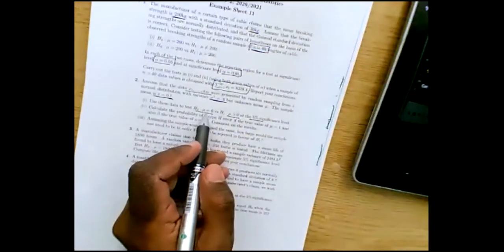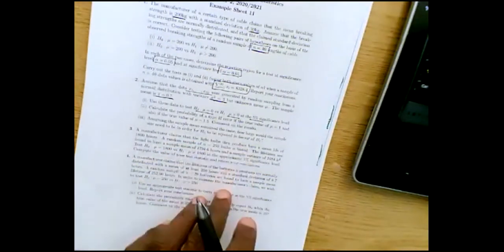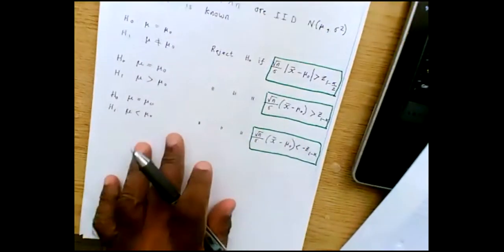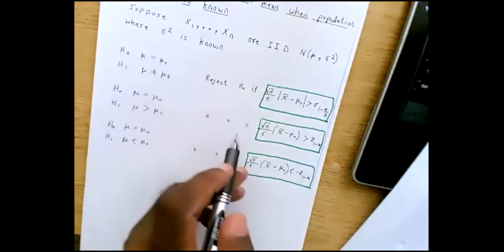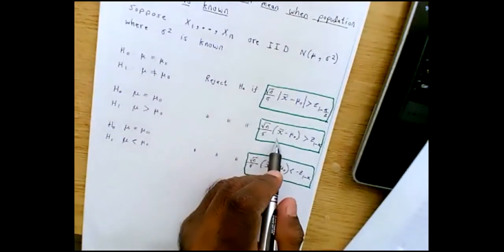Here, we're testing for mu equal to 0 versus mu greater than 0. So the one we need to use is the second one, where the population variance is known. So we need to use this rule once again to do question 2, part 1.